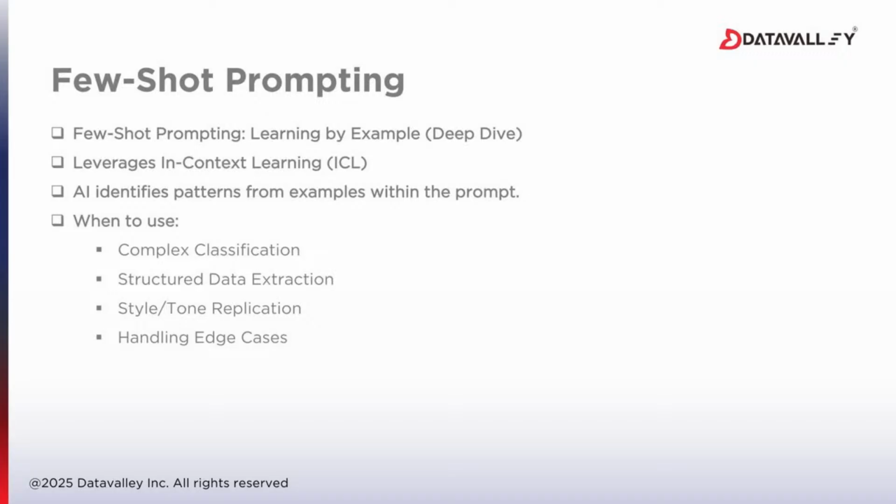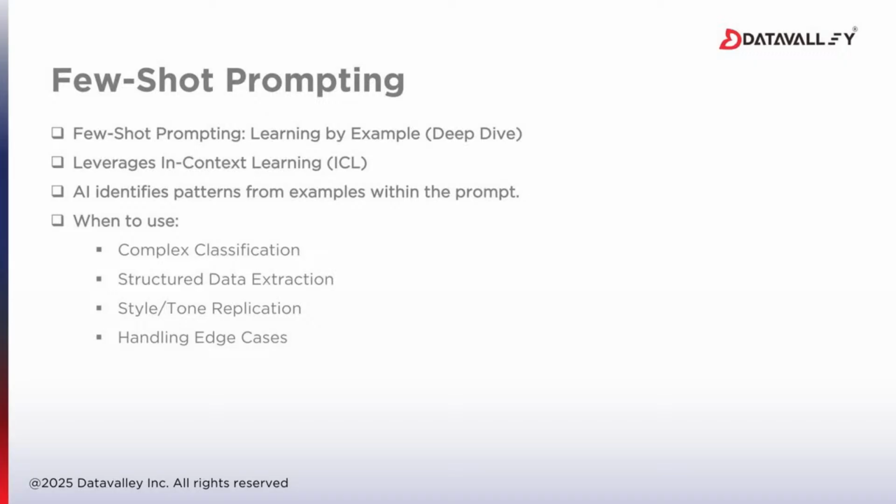Next, when to use few shot prompting? I have identified four things. When there is a complex classification, when you are confused with multiple complex things, simply mention the input and output, and it will be able to classify easily.